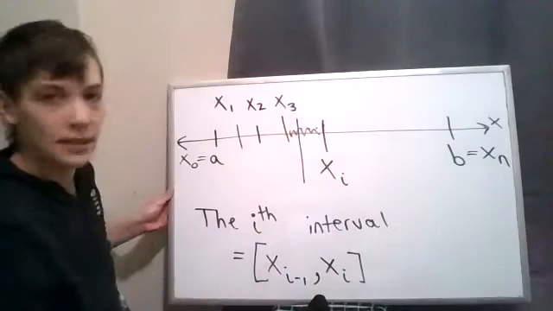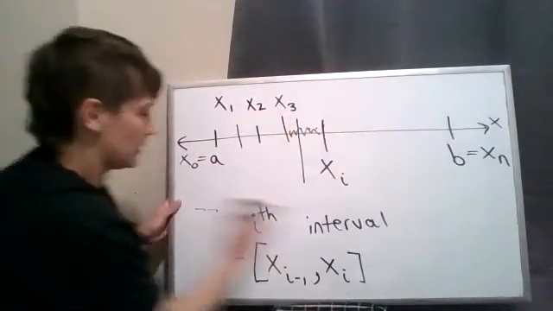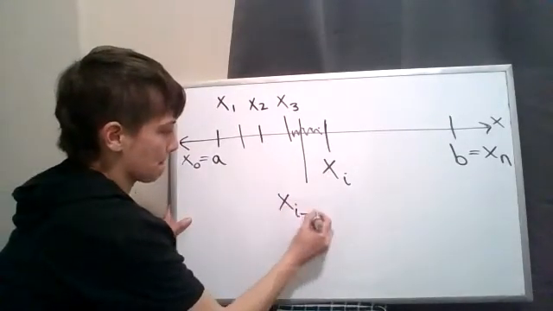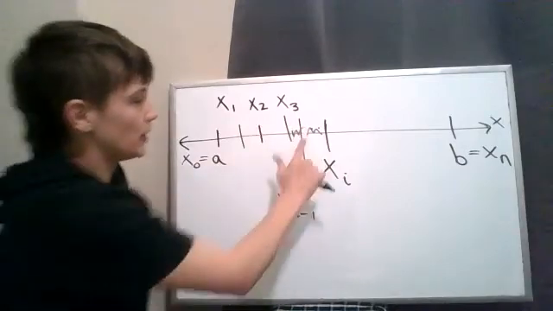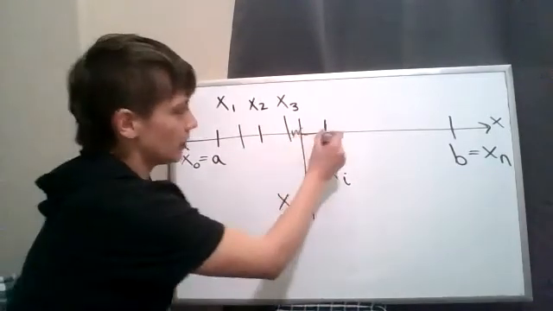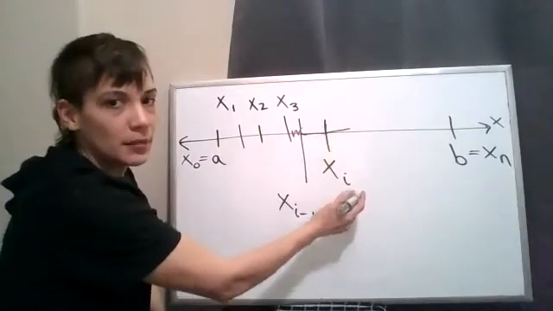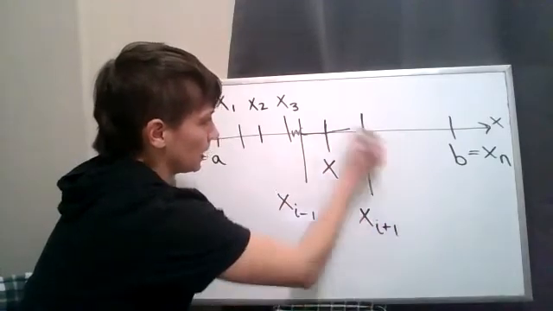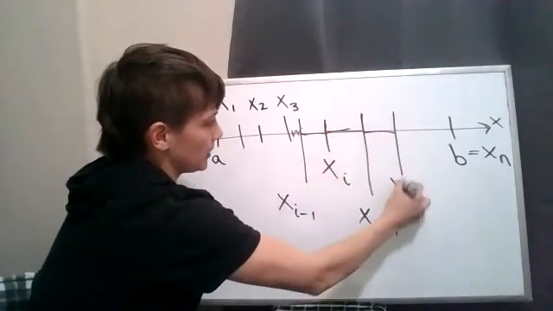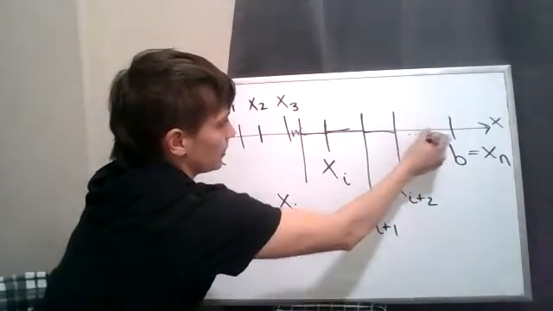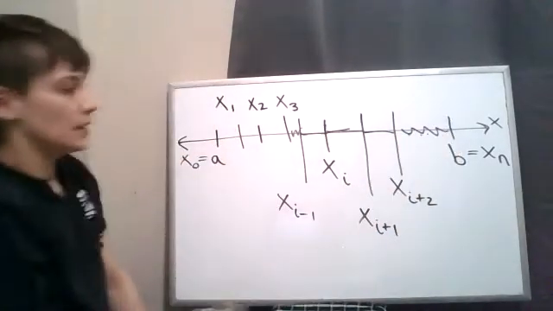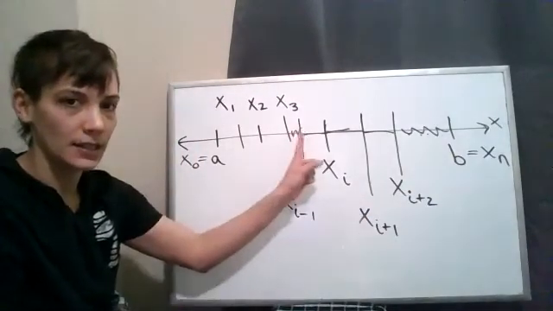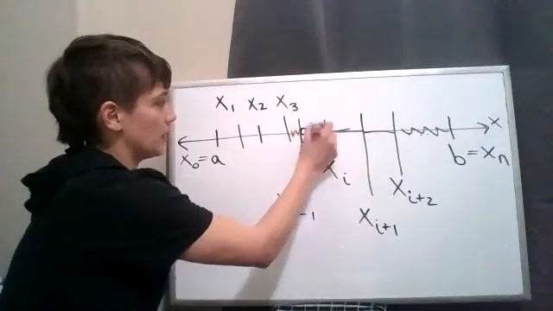Behind it is x sub i minus 1. The next one will be over to x sub i, over to x sub i plus 1, and then whatever is next is x sub i plus 2. And we keep going until we get to b. So an ith interval would go from here to here, x sub i minus 1 to x sub i.